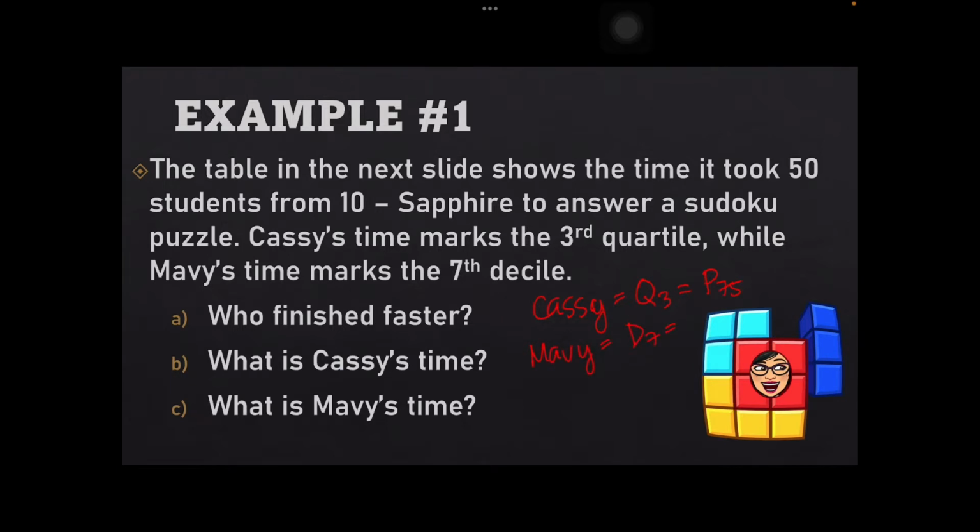And similarly, if we're going to change that to percentile, that's going to be 70th percentile. Now, syempre, kukompare natin, sino yung mas mataas yung percentile value? Okay? Or yung percentile rank. Ito na po, si Cassie. So, ibig pong sabihin, si Cassie ay mas mabilis. Okay? Because mas mataas yung kanyang percentile score or percentile value. Okay po?